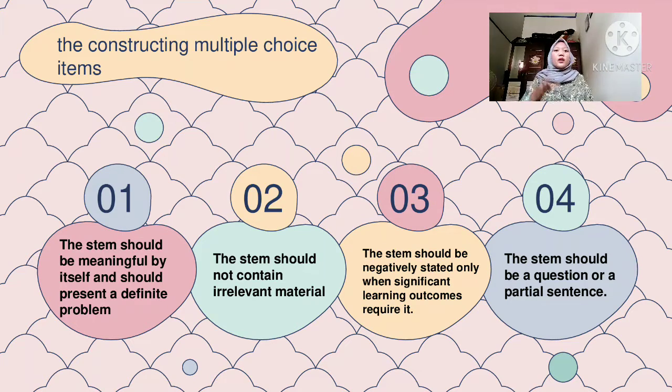A question stem is preferable because it allows the student to focus on answering the question rather than holding the partial sentence in working memory and sequentially completing it with each alternative.